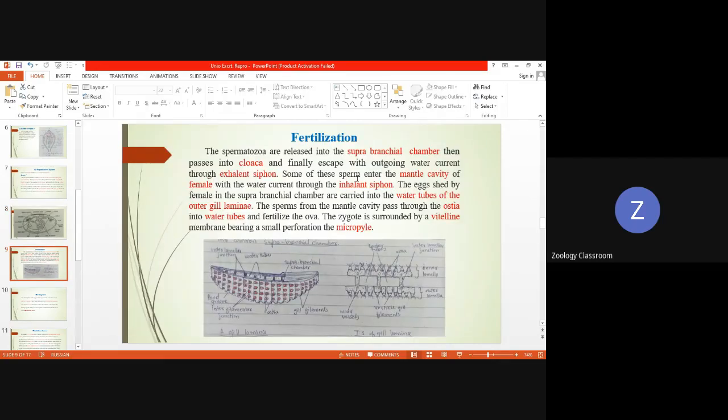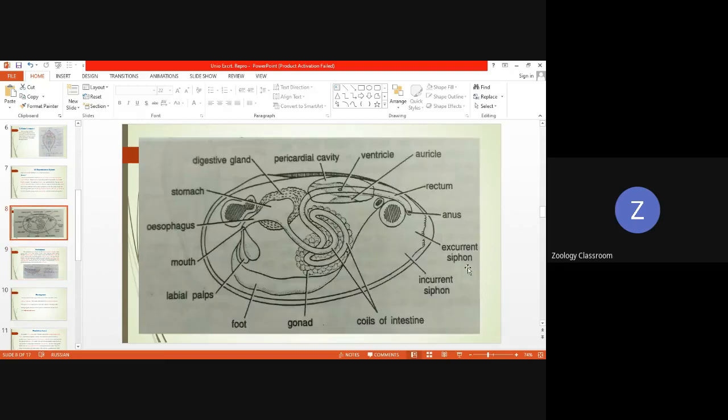Some of these sperms enter. Now whenever these sperms are released into the external water, if the female is in the vicinity of the male, the sperms enter from the external environment through the water into the mantle cavity of the female with the water current through the inhalant siphon.